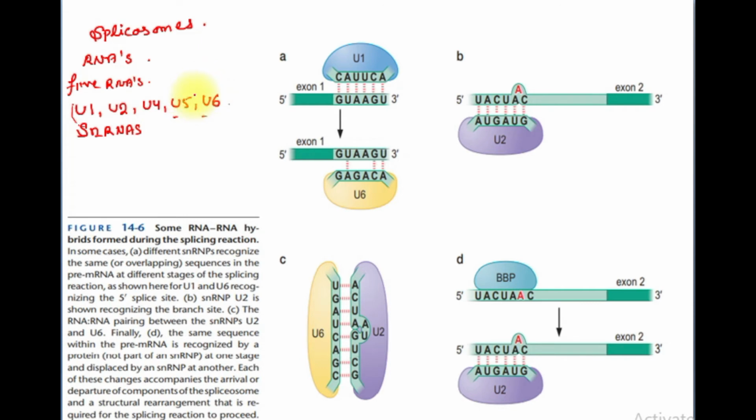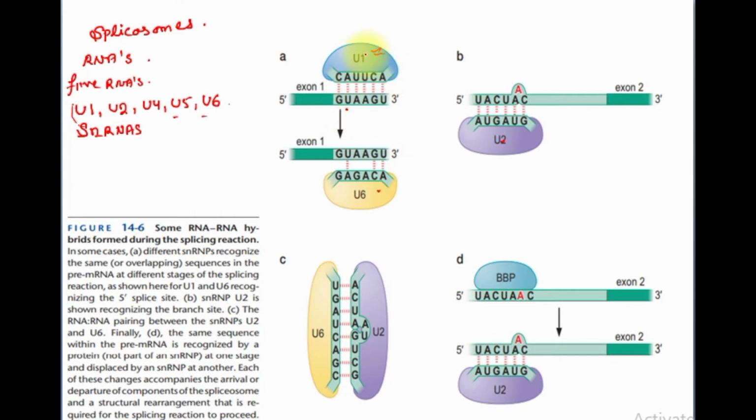When they come and bind to the pre-mRNA, how will they bind? They will bind with the complementary region. These U1, U6, U2 are all RNAs, so they will have some sequence that is similar to the mRNA, and in that place only they will come and bind.